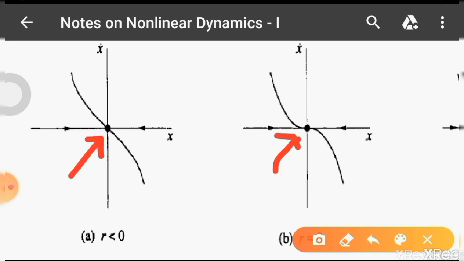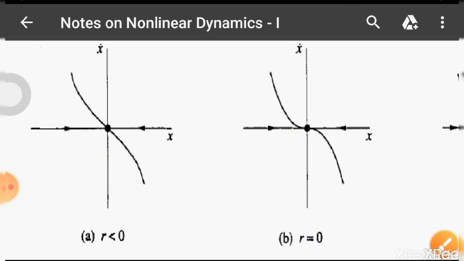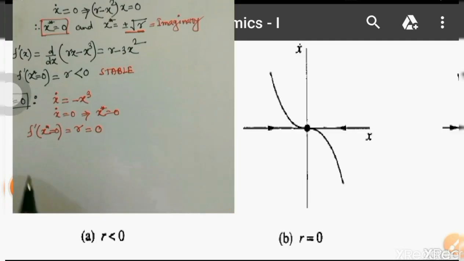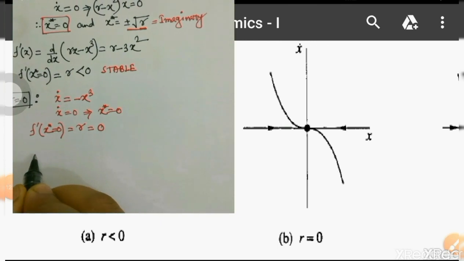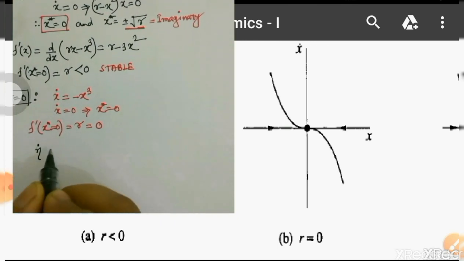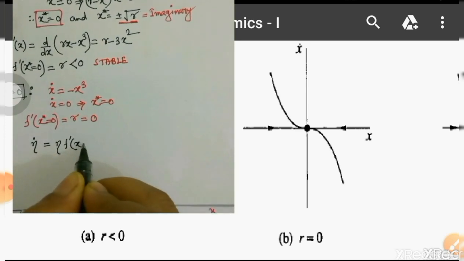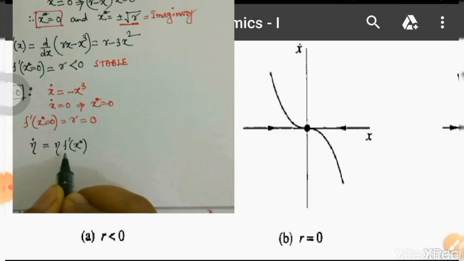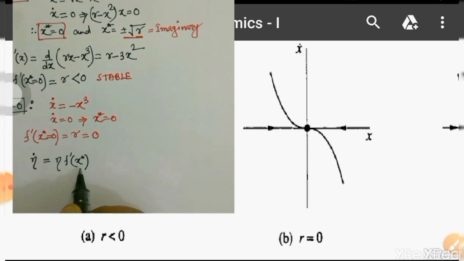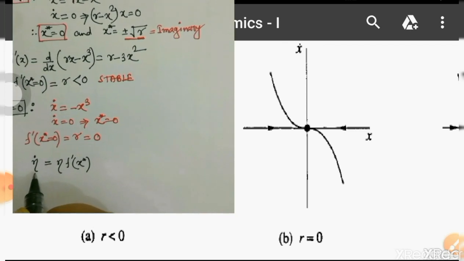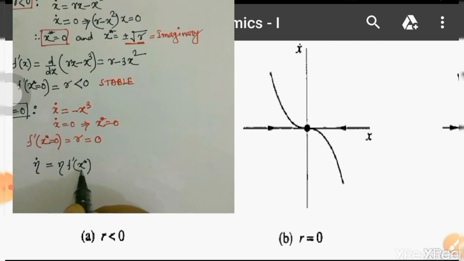But there is a difference in stability of these two fixed points, and we can explain this difference by the term, if you can remember, perturbation. We have the differential equation for perturbation, eta dot equals eta f prime x star, f prime at the fixed point. Eta represents the small perturbation near the fixed point.